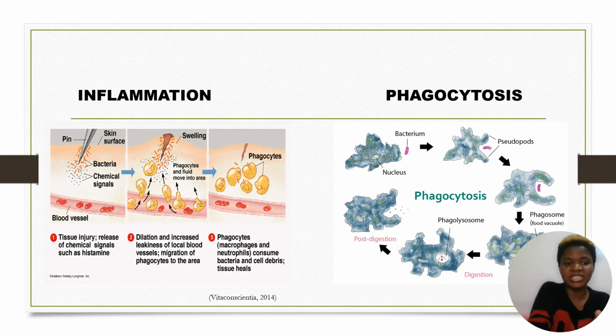This immediately sends a signal to your immune system, to the neutrophils, to the macrophages, and it sends the white blood cells, phagocytes, to the place of infection. The phagocytes immediately engulf it, and this picture just shows us the process of phagocytosis and how amazing it is, how it takes up infections of viruses or bacteria that come to disturb our peace.